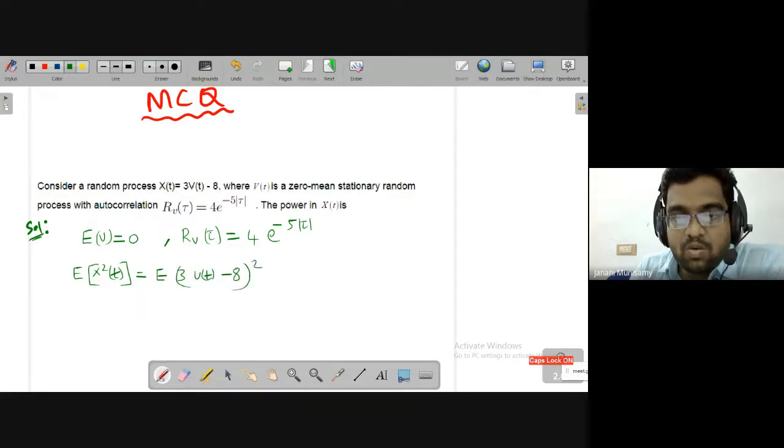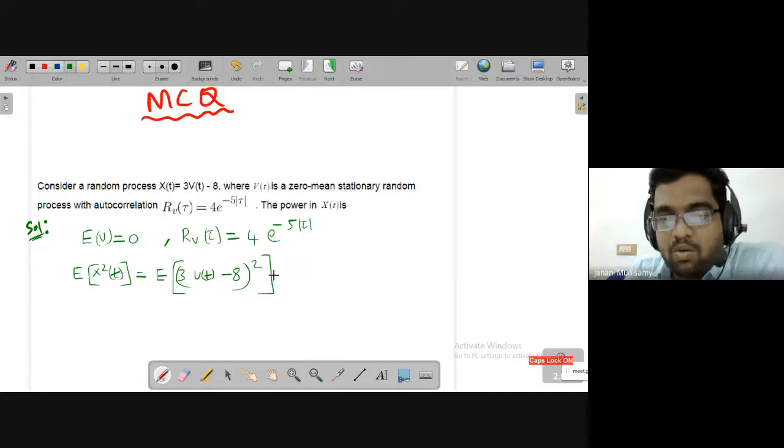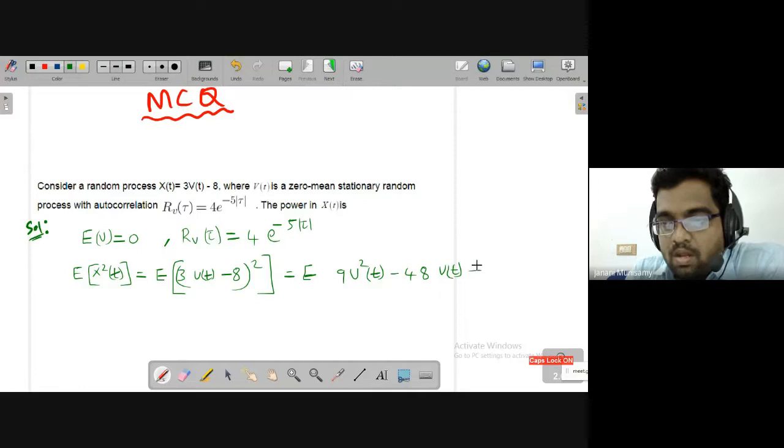So again, we have to do the square operation. Whatever the signal given x of t, we have to square it. So we'll get 9v square of t minus 48 v of t, then plus 64.